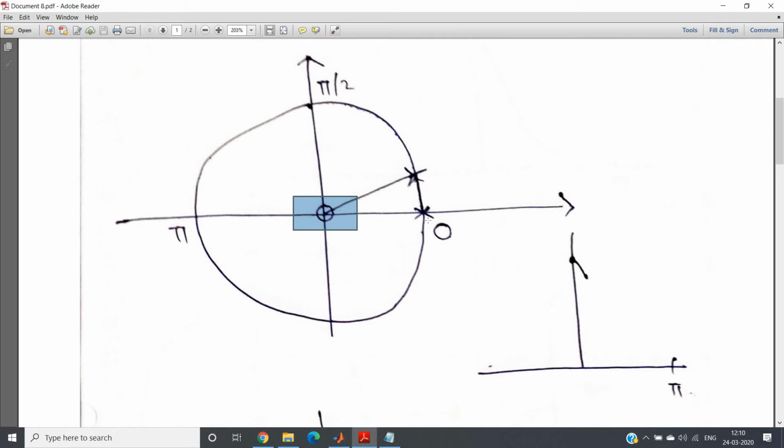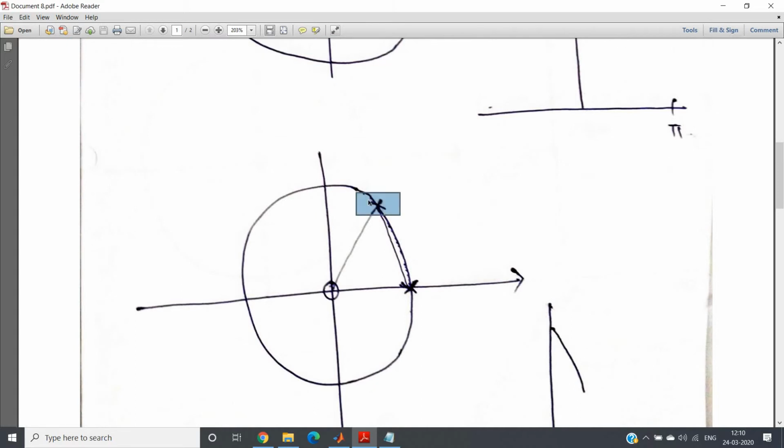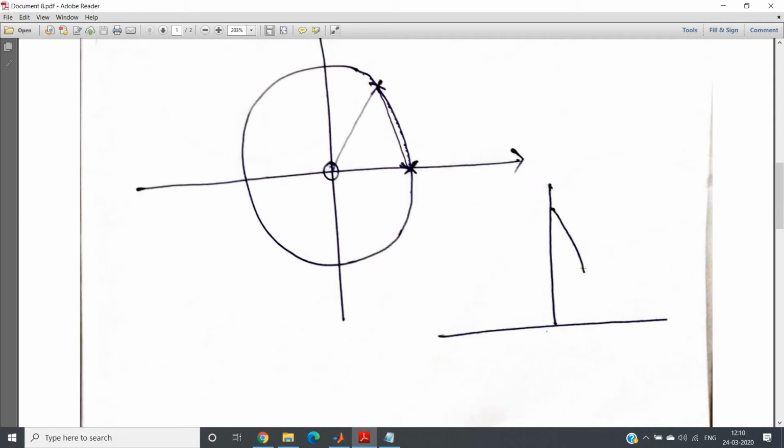So as a result, the zero will affect more than the pole. If we come to this particular frequency point, it has more distance from the pole, so the pole has lesser power at this point, whereas the zero is still working. So as a result, the gain will decrease much.